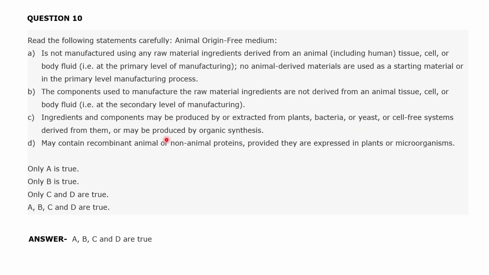May contain recombinant animal or non-animal proteins provided they are expressed in plants or microorganisms. Recombinant animal sources can be used, not directly from animal but indirectly. So that particular option is also true. So the answer to this question is option A, B, C and D are true, or all of them are true.